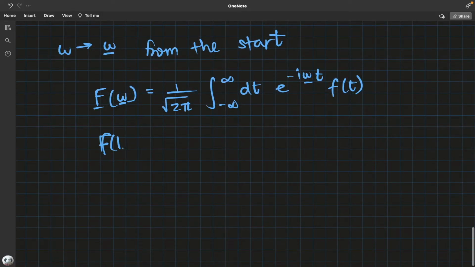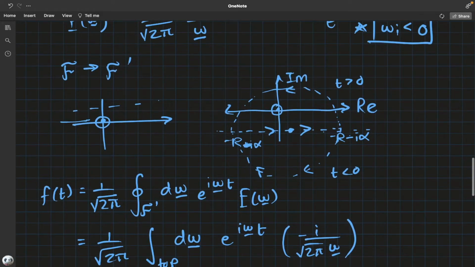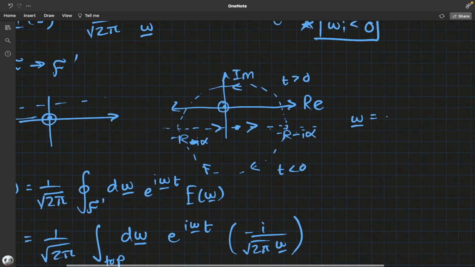And then the inverse we defined in such a way, we have this, but we worked with the modified Fourier contour. I'm just writing this directly because this is equal to whatever you are integrating on. It's not really the real axis here anymore. You have to parameterize this as such, say omega is some omega real minus i alpha.